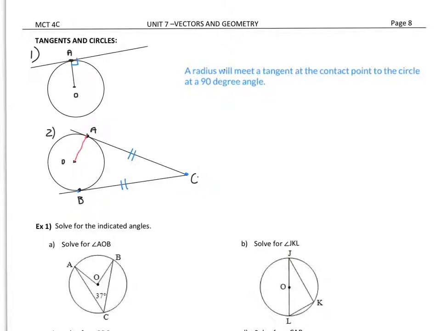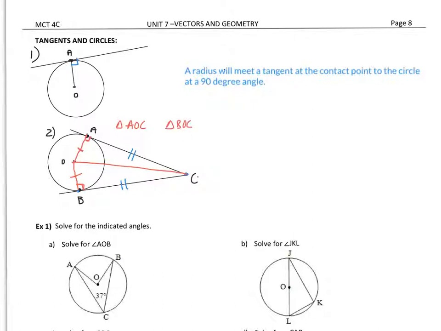I could draw my radius in here. That's going to meet at a 90-degree angle. Draw my other radius. This meets at a 90-degree angle. This is a radius, and this is a radius, so they're equal to each other. If I join the center to C, I then have two right angle triangles. So triangle AOC is right angle, as is triangle BOC.